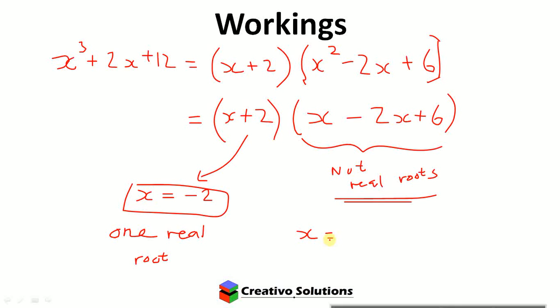Should have bought the other textbook. Here it is. Okay, it is in the textbook. That's fine. Yeah, minus b plus minus square root b squared minus 4ac over 2a.